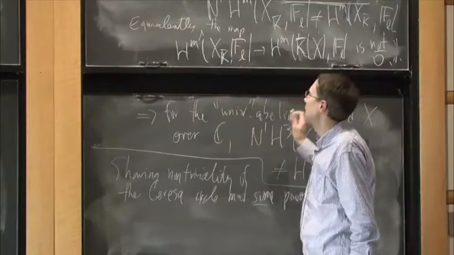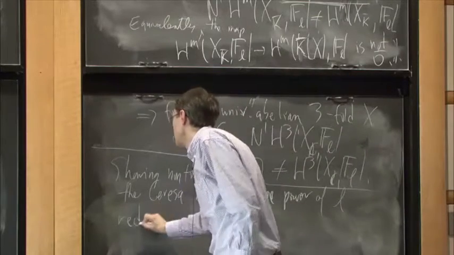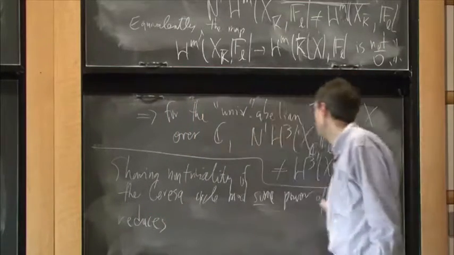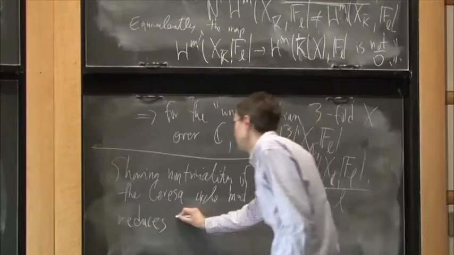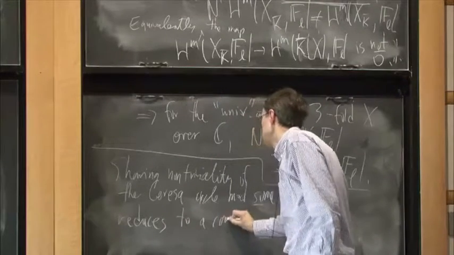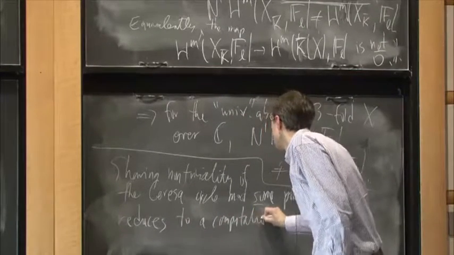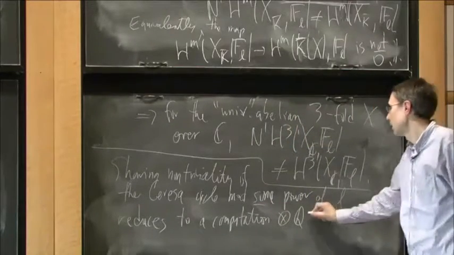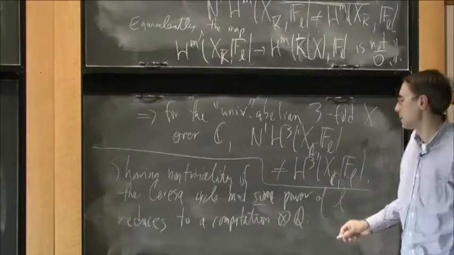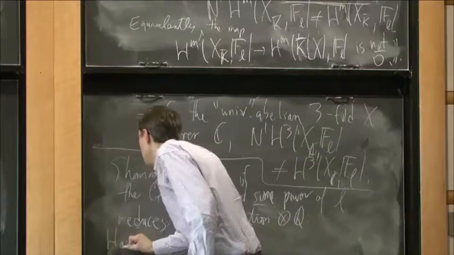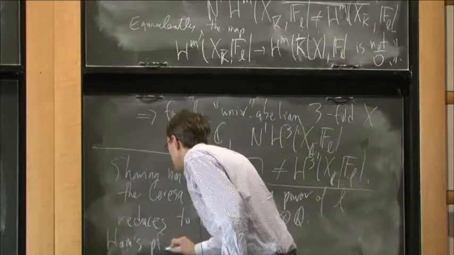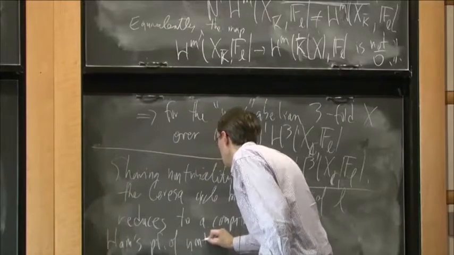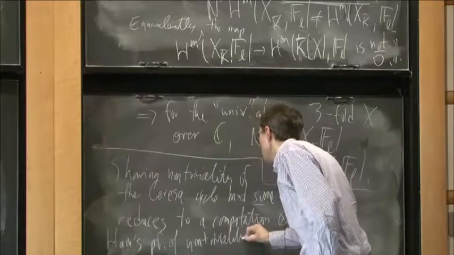So once you have some basic information like that, if I just want to show that some cycle is non-trivial mod some power of L, it reduces to a computation tensor Q, or maybe I should say tensor QL. What I need is exactly Hain's proof of the non-triviality of the Ceresa cycle.